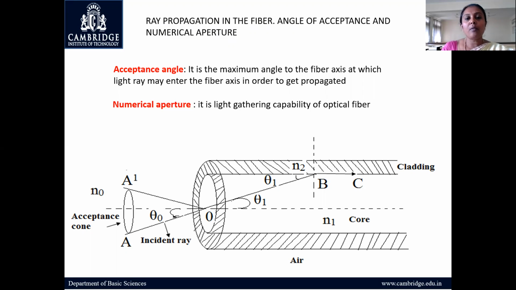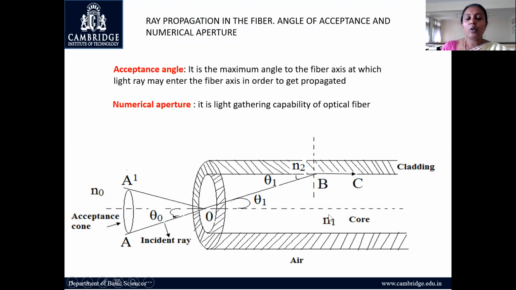We know that an optical fiber consists of two layers. The first is the inner part, which is called the core, and whose refractive index is n1. The core is surrounded by a layer called the cladding, whose refractive index is n2.